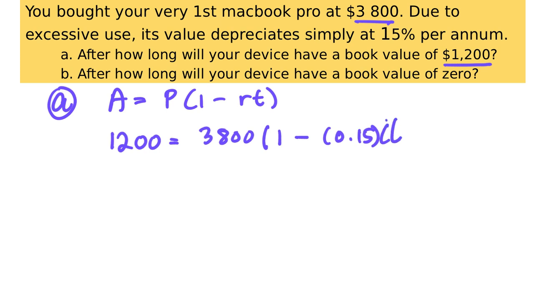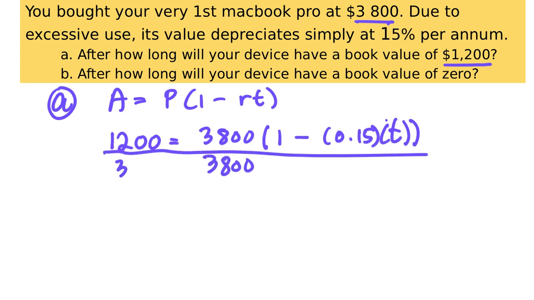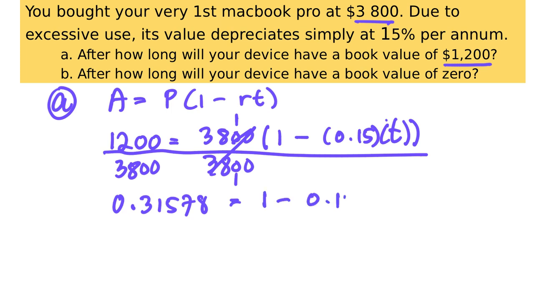Then we just multiply it by t. Okay, we divide both by 3,800 to isolate. It's going to be 1, and this is going to give you around 0.31578. Then here is going to be 1 minus 0.15t.